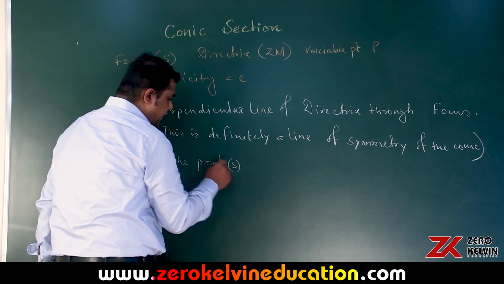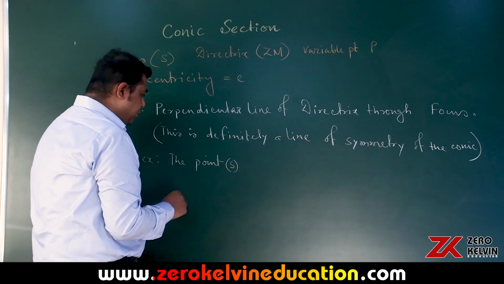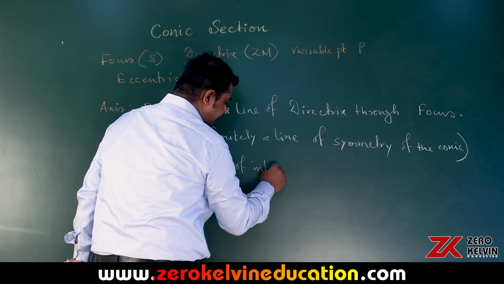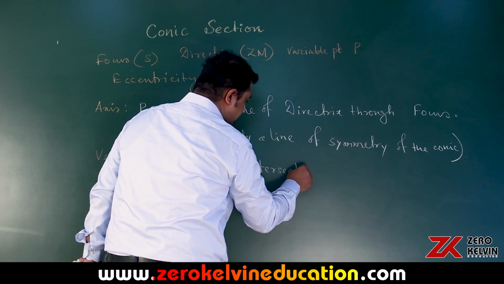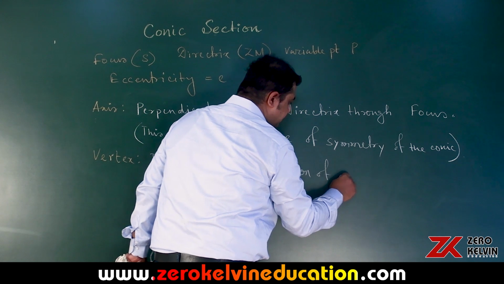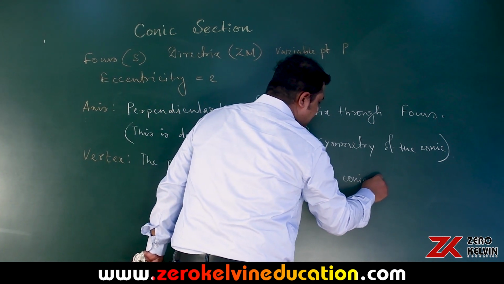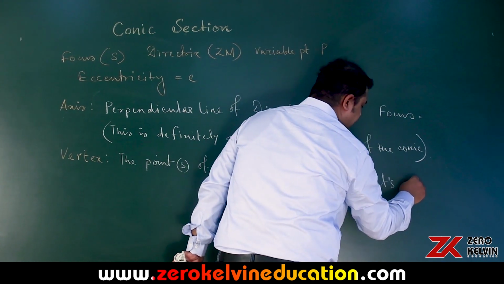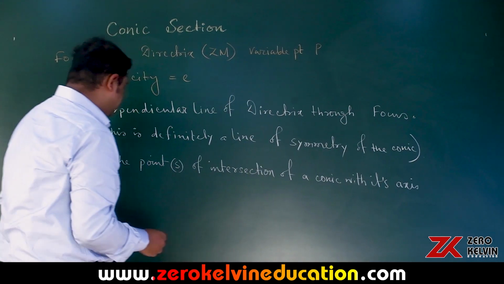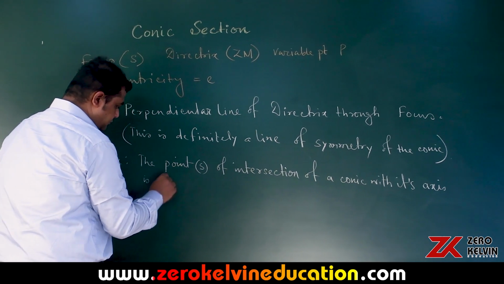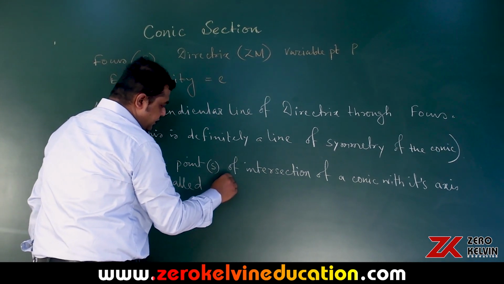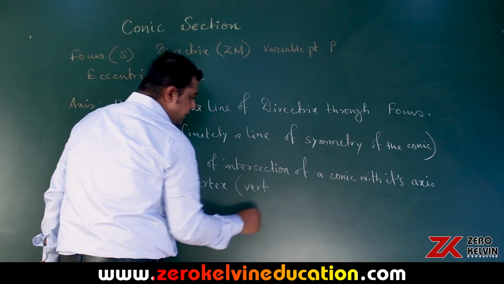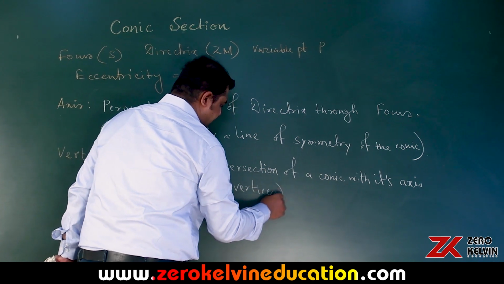So, I am keeping a bracket S. So, the point or points of intersection of a conic with its axis is called vertex, or maybe for more than one appearance its vertices.